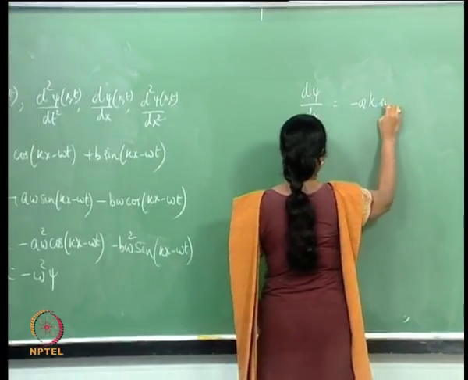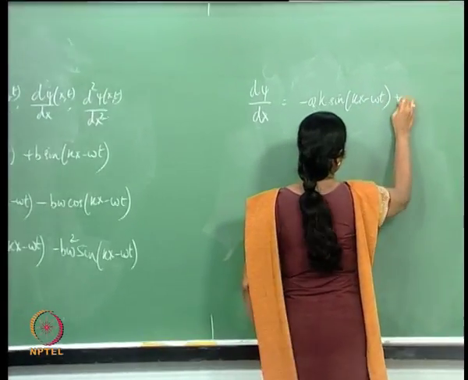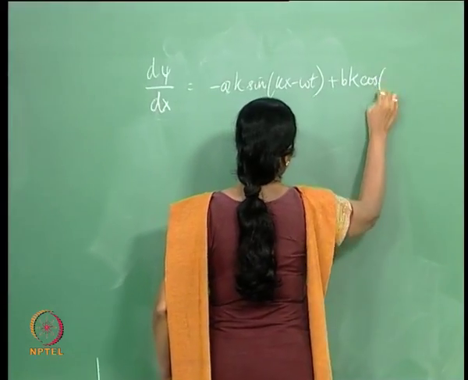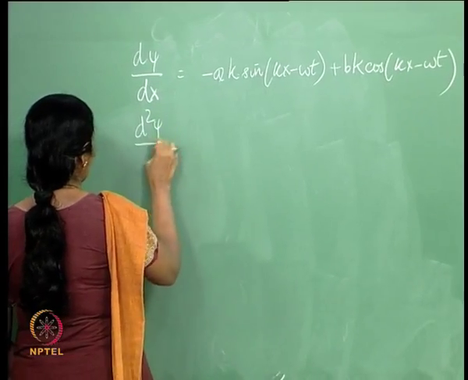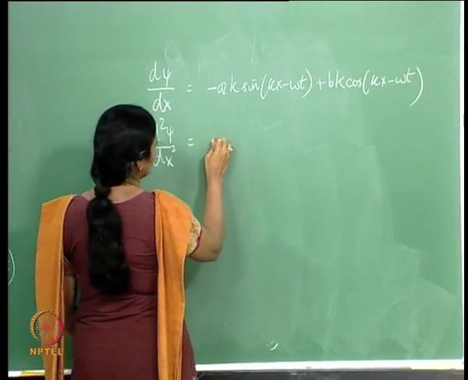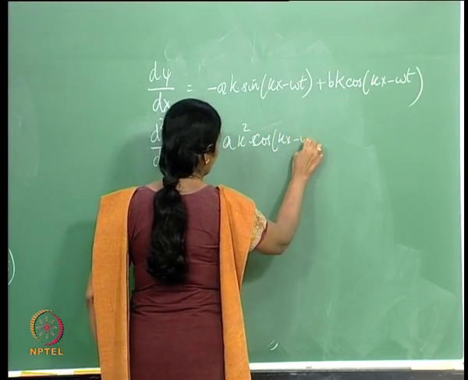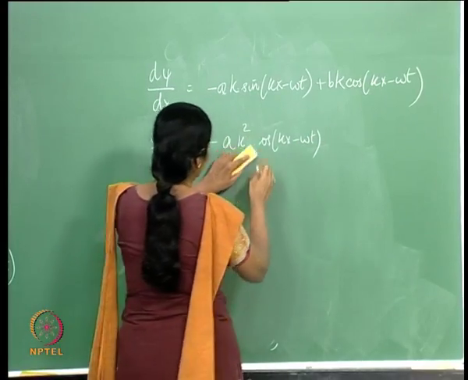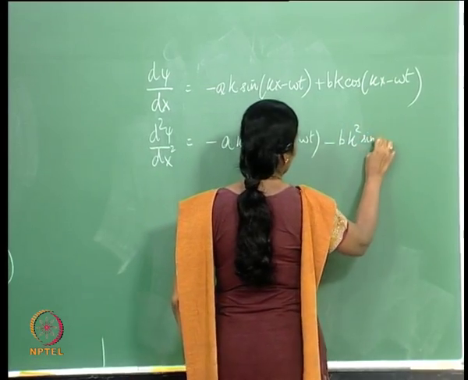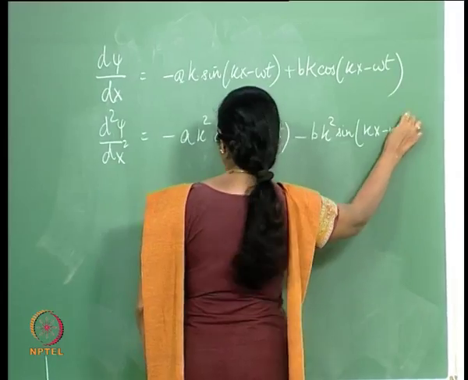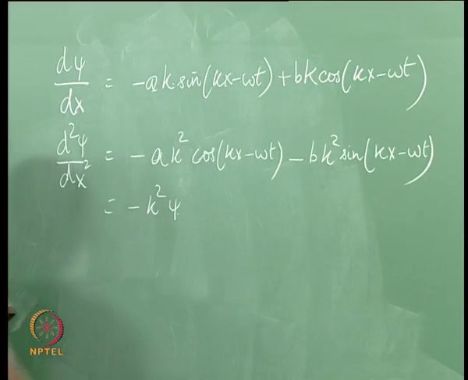Minus ak sin(kx minus omega t) plus bk cos(kx minus omega t), and d2 psi by dx squared is minus ak squared sin, cos (kx minus omega t) minus bk squared sin(kx minus omega t), or that's the same as minus k squared psi.